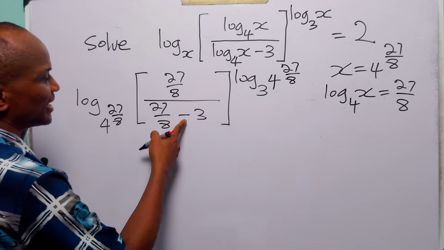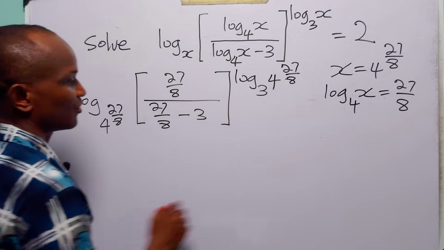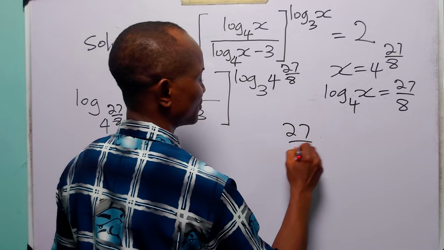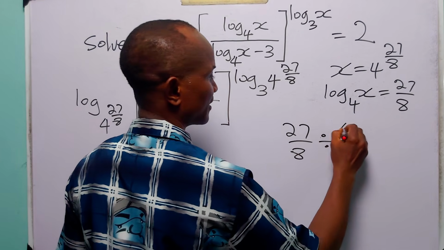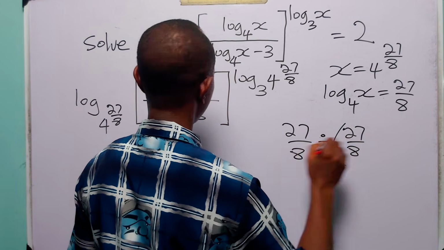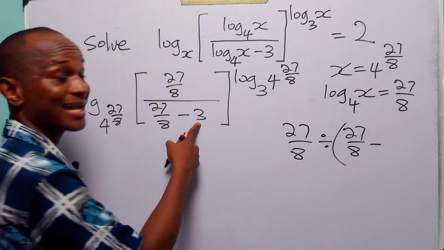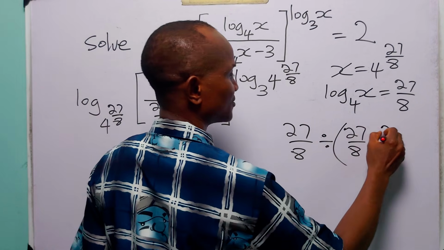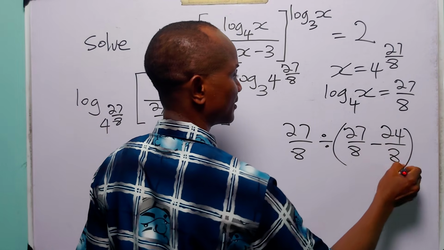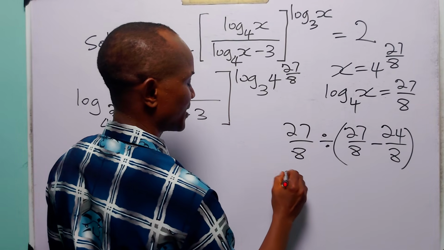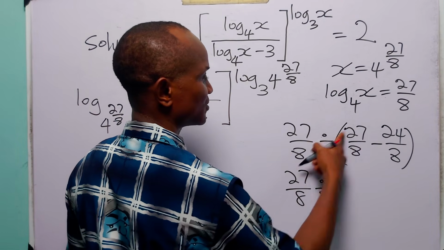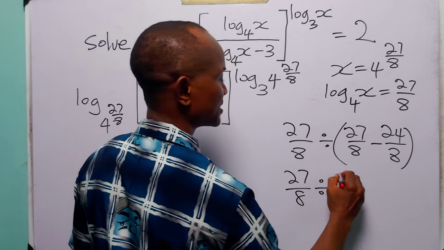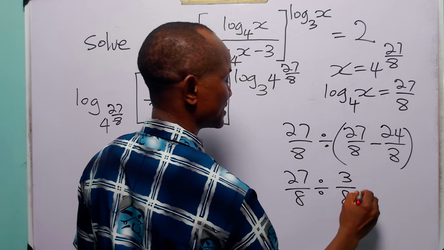Now let us simplify the contents of this bracket. We have 27 over 8 divided by 27 over 8 minus, we can write 3 as 24 over 8. Now, from here we have 27 over 8 divided by 27 minus 24 is 3 over 8.